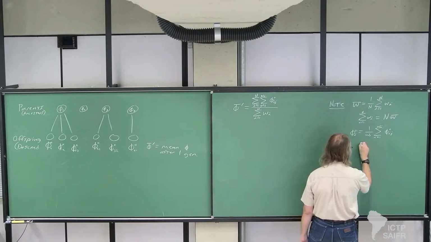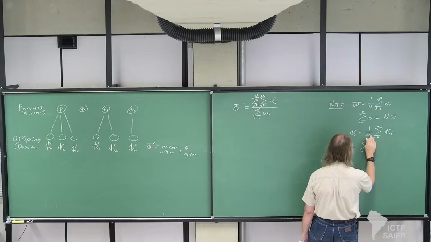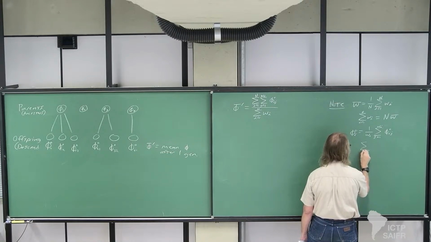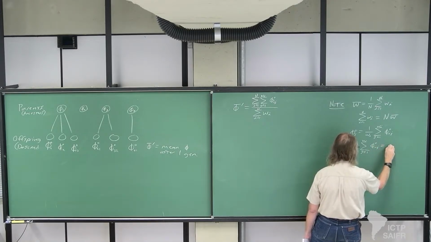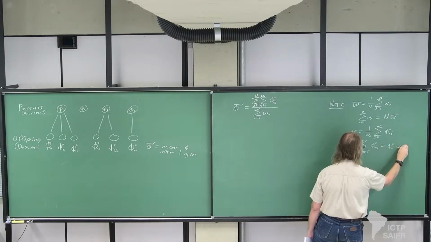So, 1 over w sub i. This should be j, pardon me. j equal 1. Thank you for pointing that out. So this tells me the summation of j equal 1 to w sub i of phi offspring ij is just w sub i times phi bar offspring i.